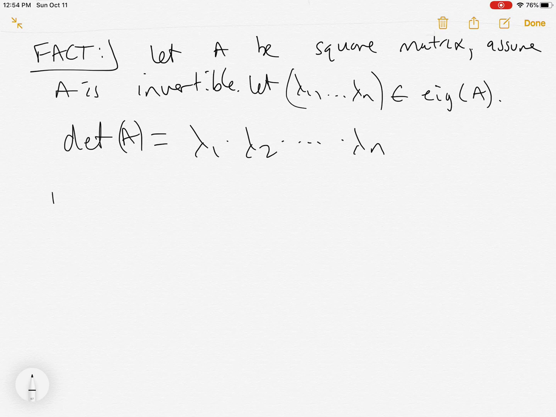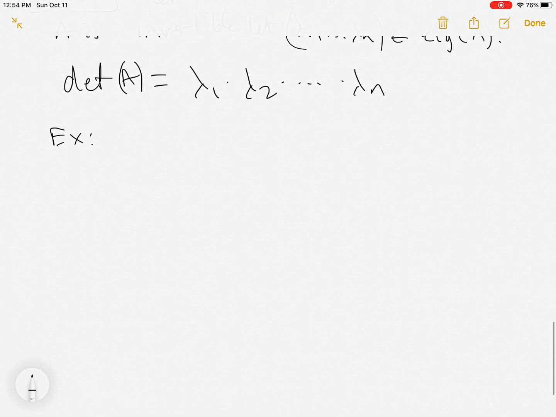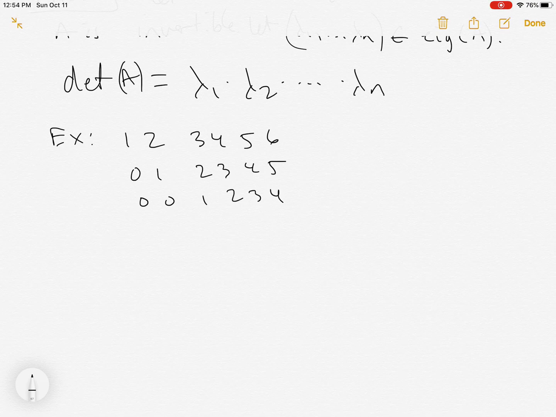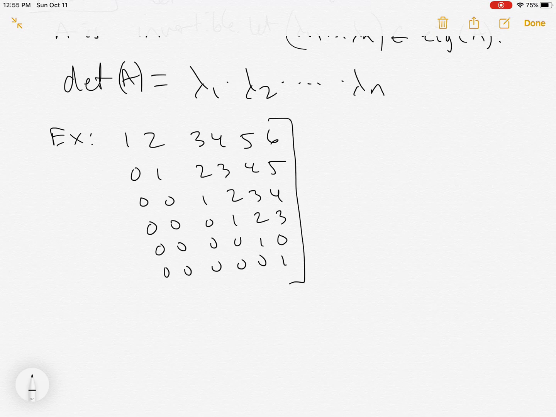So for example, if I gave you the upper triangular matrix with 1s on the diagonal, which is 6 by 6, and said, what are the eigenvalues of A?